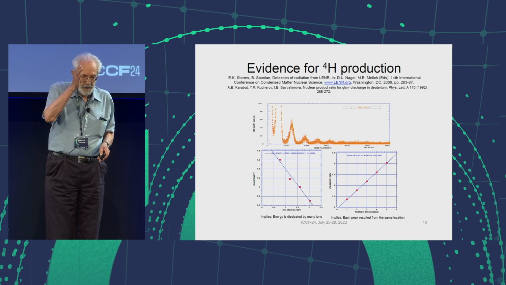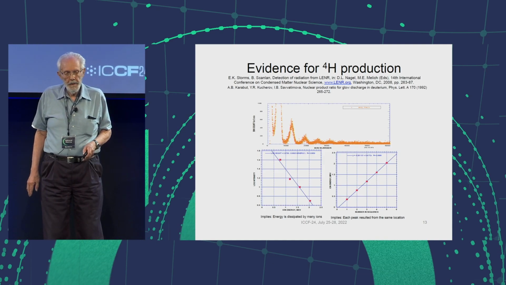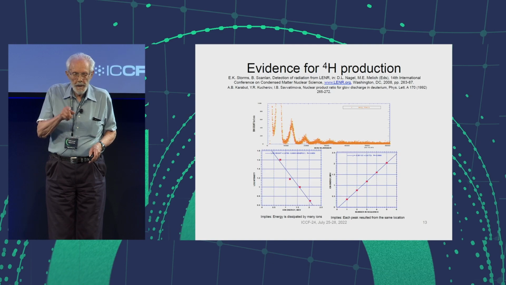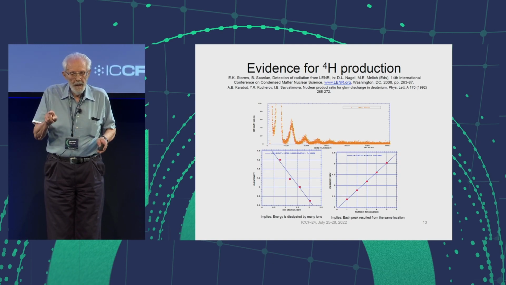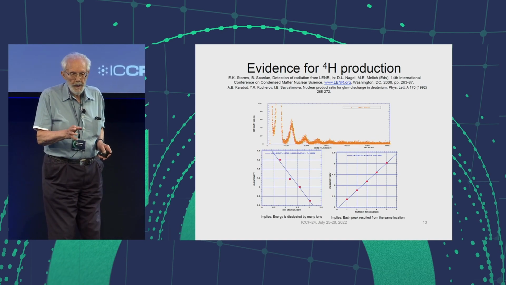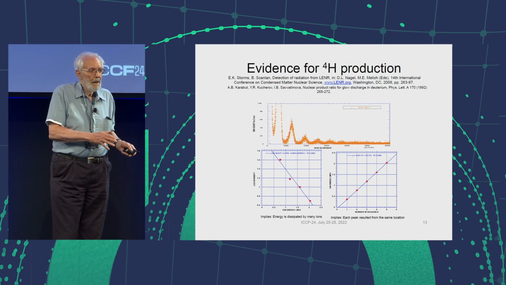In other words, you get this nonlinear decrease as you go to higher energies. Also, on the right, if you plot the position in the spectrum against the energy, you get a straight line. This means that all of these peaks are equally spaced, exactly what Karabut saw.